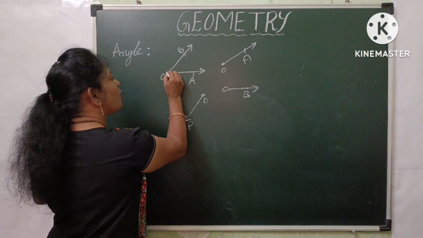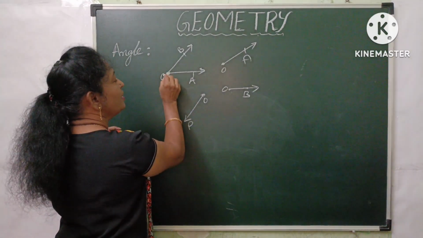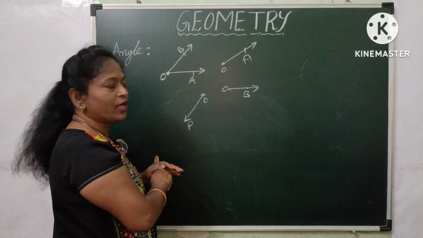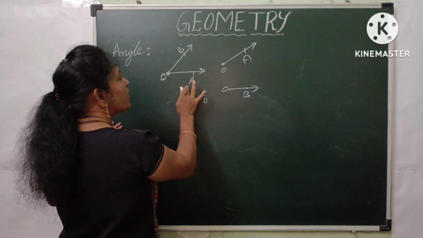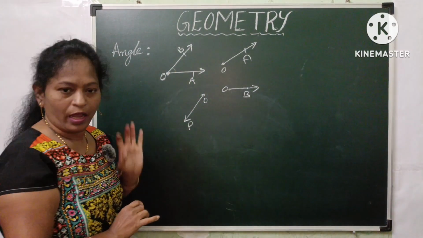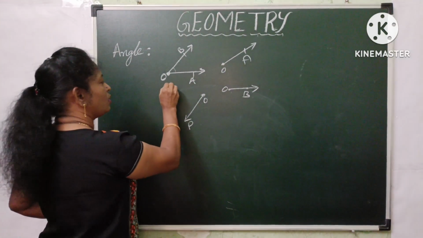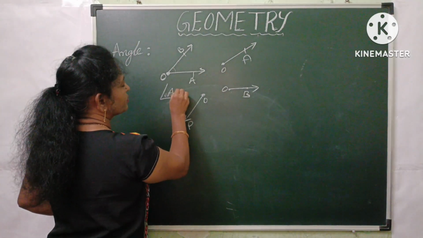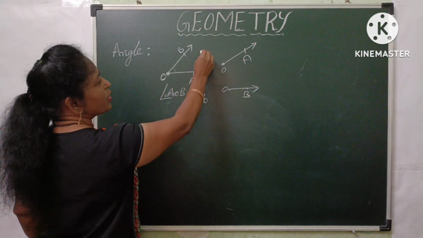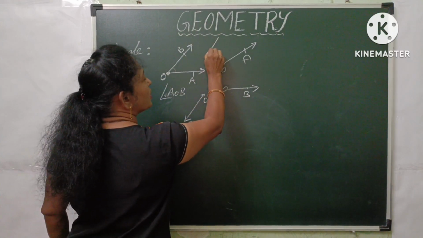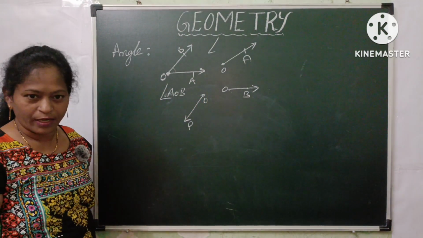When two rays have the same initial point, then it forms an angle. We can write it as angle AOB. And we also use the angle symbol, which is like an L shape.